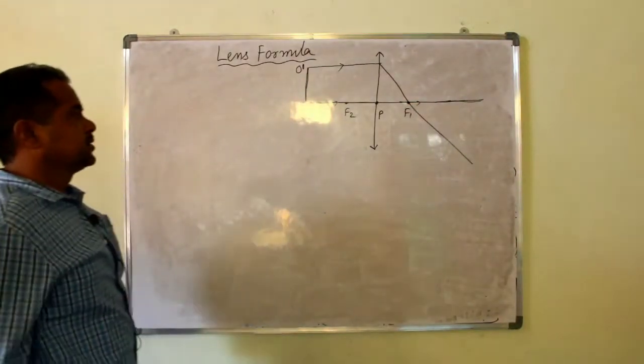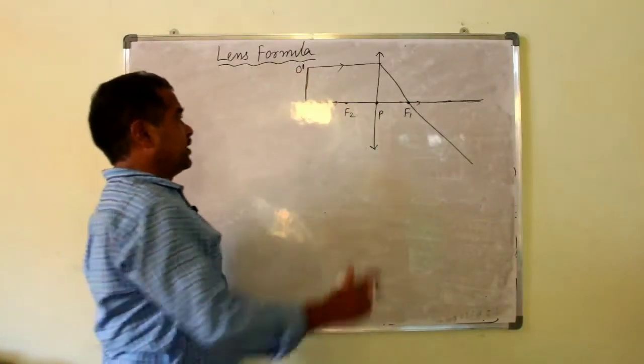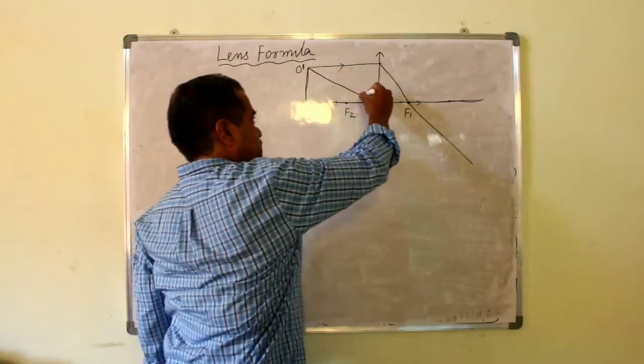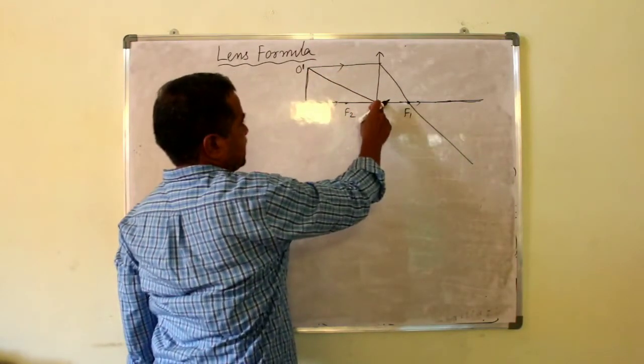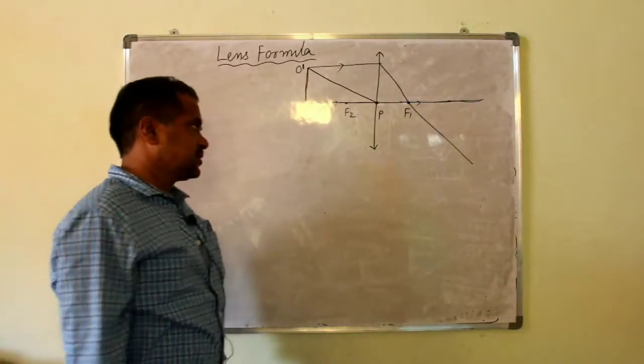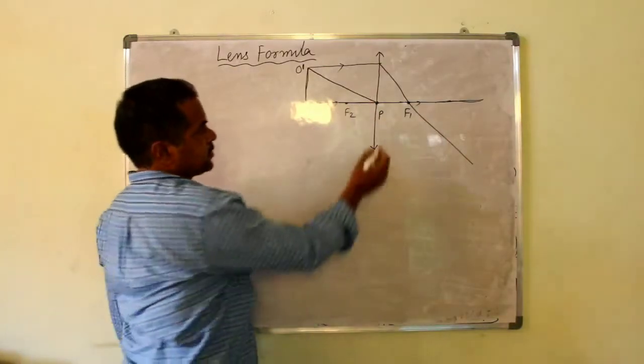To find the image of this object, we draw one more light ray from the top of the object which passes through the optic center. Any light ray which passes through the optic center of a lens, the corresponding refracted ray doesn't deviate from its direction, because it becomes normal at this point.